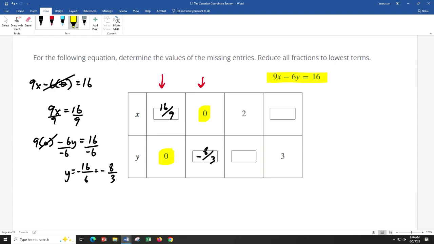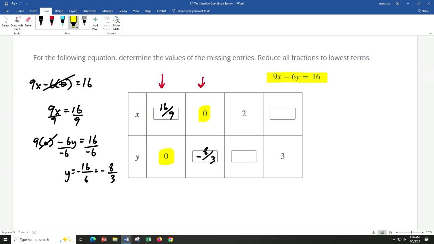Now, don't get hung up on the x being a 1. If the y is a 2 and the x is a 1, then you're going to have a parabola, but it's going to be laying on its side. Anytime you see a power in there somewhere greater than 1, you're going to have a different type. So just watch out for that. And of course, don't forget to simplify.